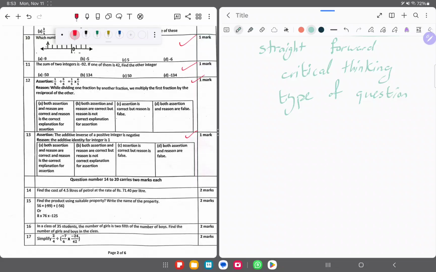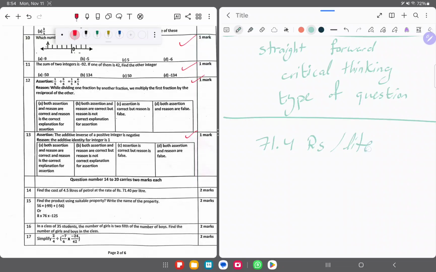When he tells me that this one costs 71.4 rupees per liter, I can immediately, without a second thought, see this is the price per liter.